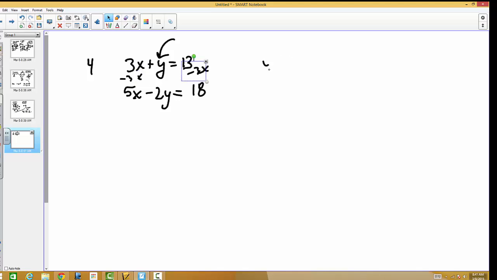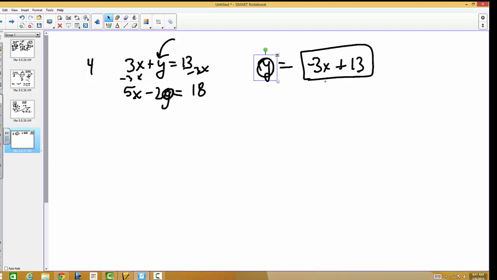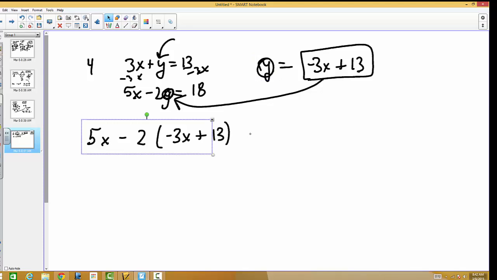So the first step was y equals negative 3x plus 13. Now, here's your y. Here's your substitutor. That goes right in there. So rewrite the bottom equation. 5x minus 2, and then instead of a y, you're substituting negative 3x plus 13 equals 18.